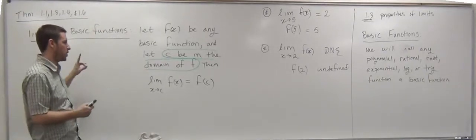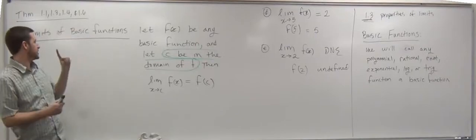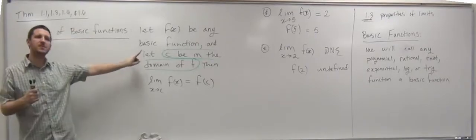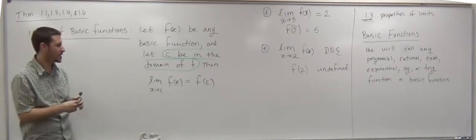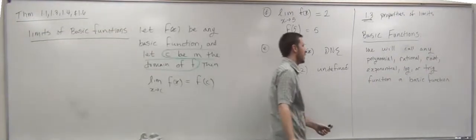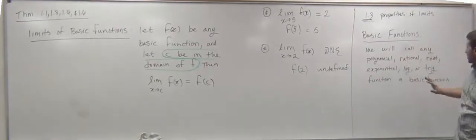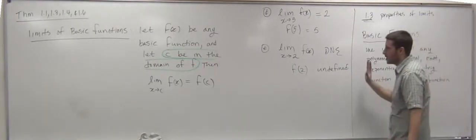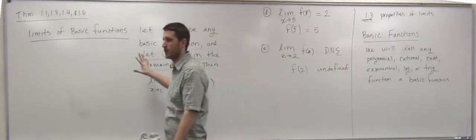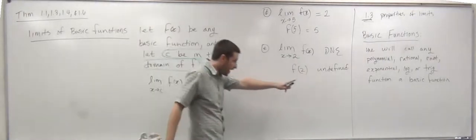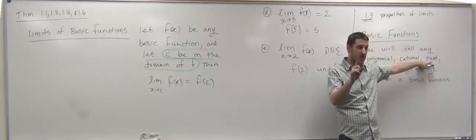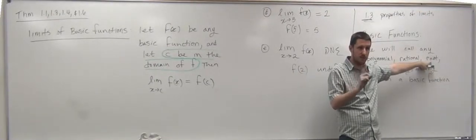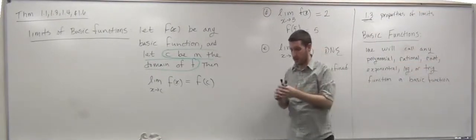before that, I want to warn you, this is a lie, because there's one exception to this. Okay. So I gave you all these basic functions: polynomial, rational, exponential, log, trig. This rule works fine for all of those. Okay, and it works fine for root functions, except for one type of root function at one specific point. Okay.